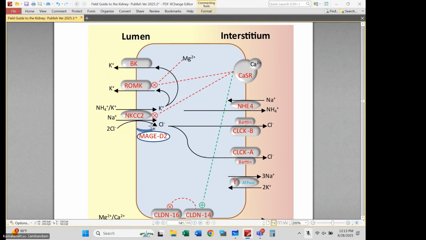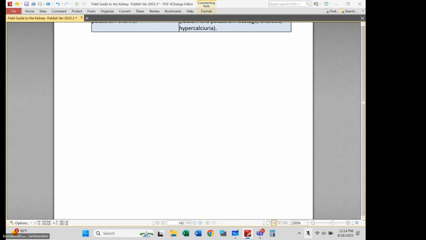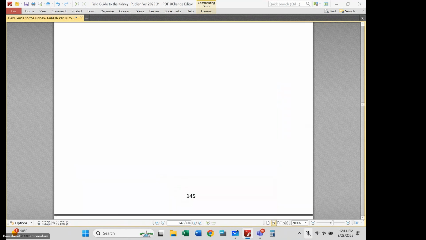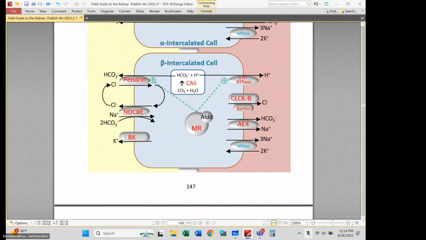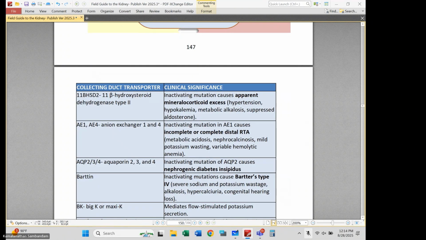Okay, and so if you block this transporter through the use of loop diuretics, you would predictably reduce medullary tonicity. And if I reduce medullary tonicity, then I'm reducing water reclamation in the collecting duct. Okay, and so we expect that loop diuretics usually enhance water excretion.